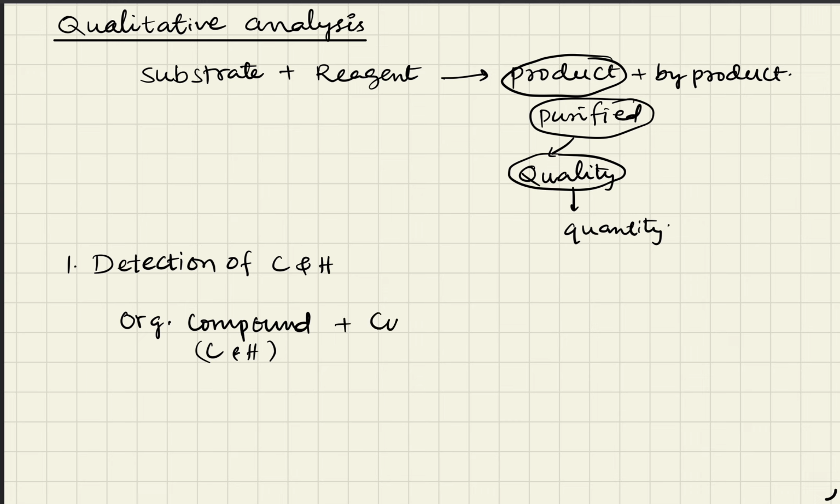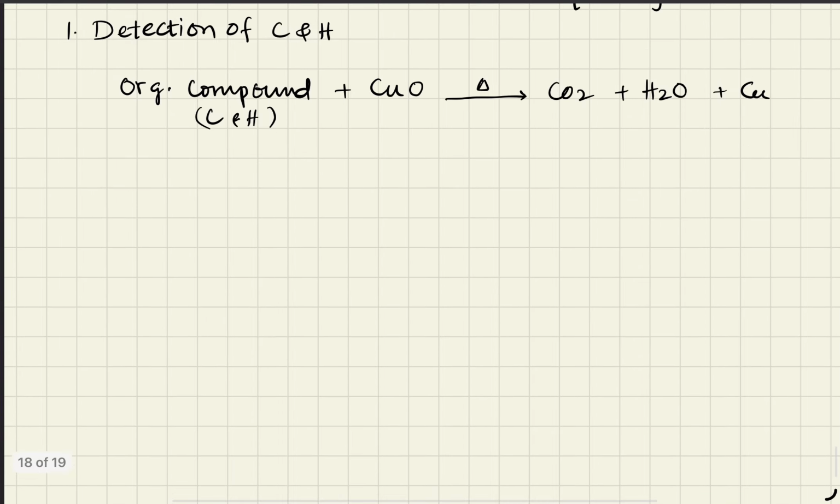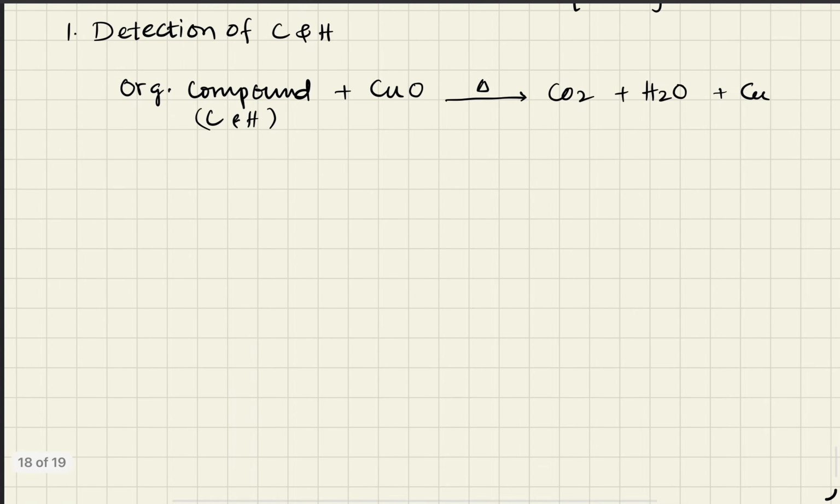heated with copper oxide. On heating, if carbon is present, it gives carbon dioxide. If hydrogen is present, it gives the water molecule, and copper comes out. This is an equation. Now I will write the individual equations.